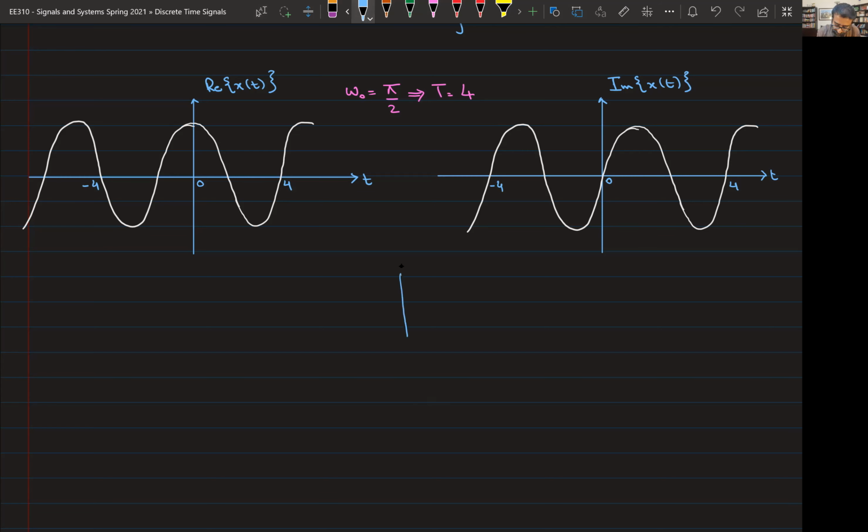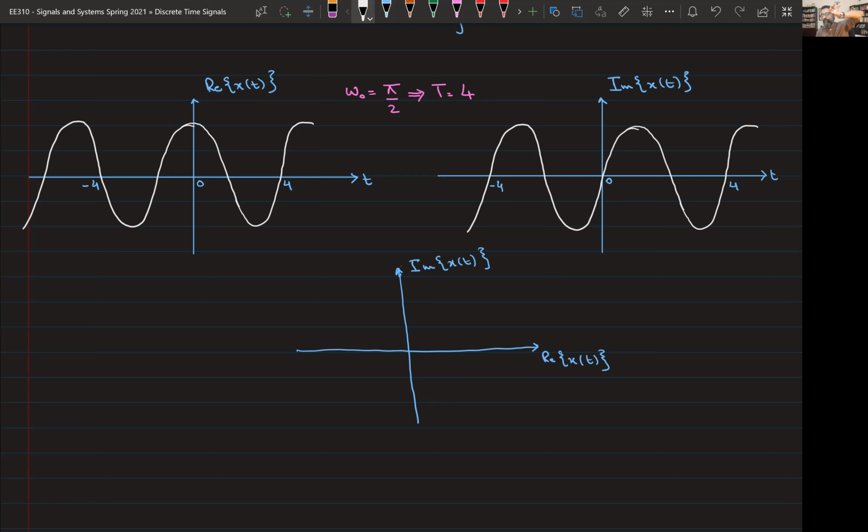Here's what the continuous time complex exponential would look like. If this is the real part of x of t, and this is the imaginary part of x of t, then what does a complex exponential look like in this domain if I've collapsed the time dimension?